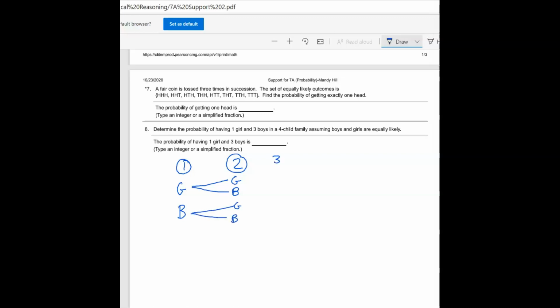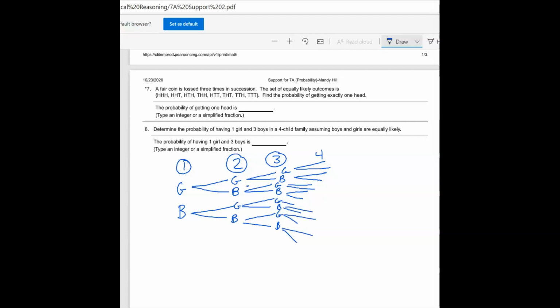So kind of working this similar to how we did the coin problem. But each one of these would have girl, boy for each one of these. And by the time we get to the fourth one, we're really having to spread out. So there would be a total of 16 selections. Let me go down this way for each one of these.